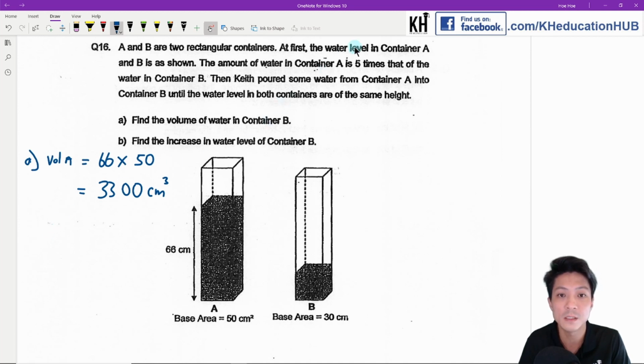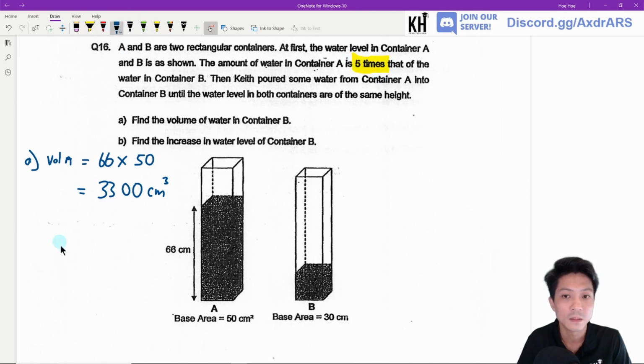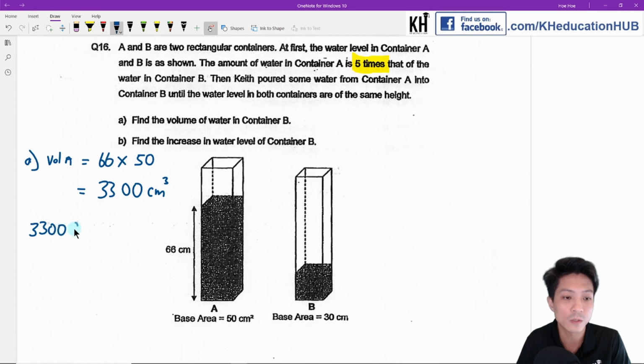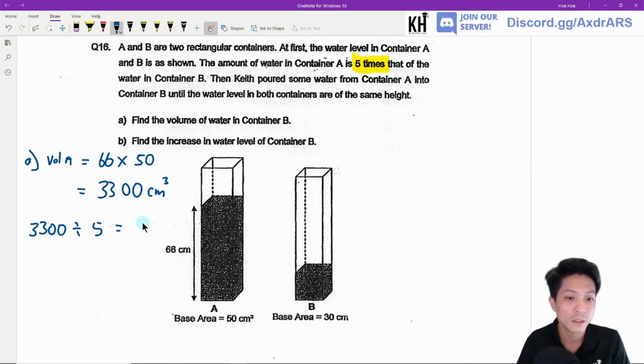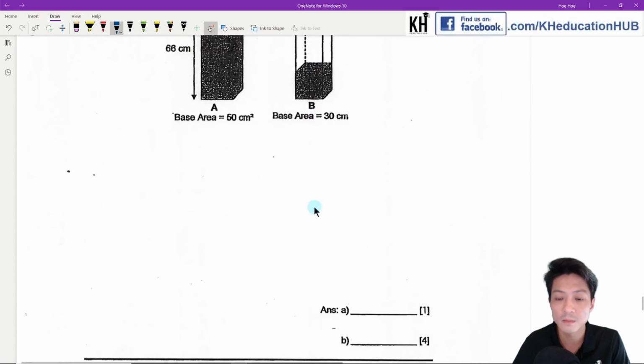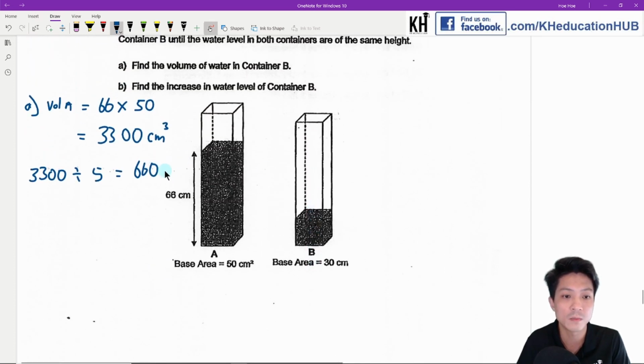Since container A is 5 times that of the water in container B, to find the volume of water in B, just use 3,300 divided by 5. That's going to be equal to 660 cm cube.